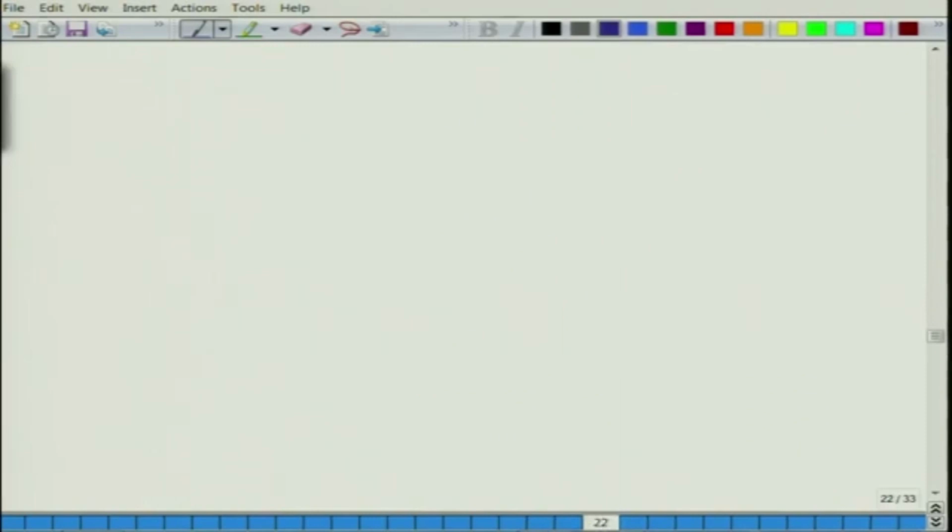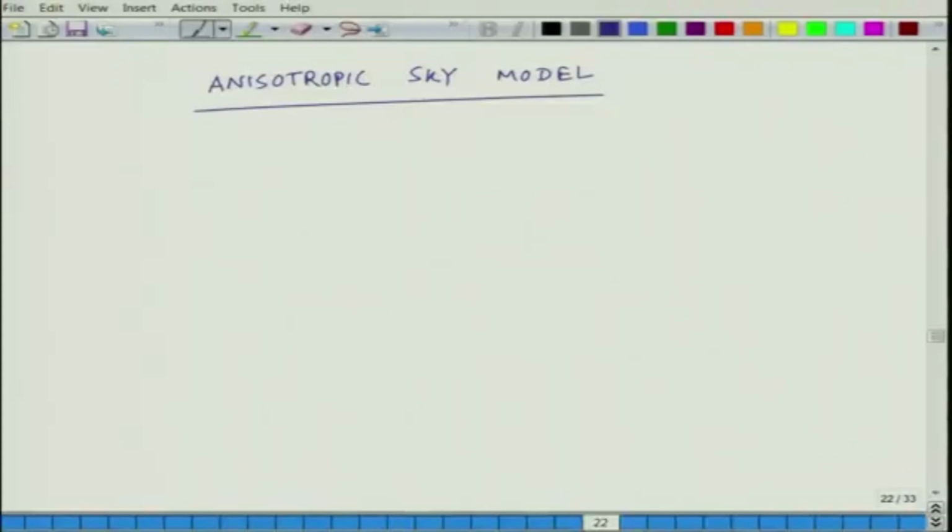Okay. So, now we will look at the anisotropic sky model. Anisotropic sky means it is not uniform throughout the sky. It has a background which is isotropic, and then for the circumsolar part, where the sun lies, around that we have certain enhanced intensity which we will include in the circumsolar part.